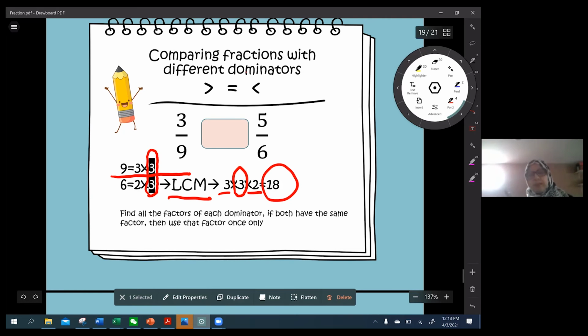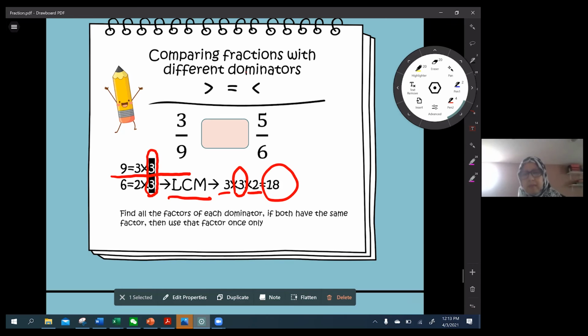Is that interesting? Yes. Okay, can somebody repeat? So we can find the multiples of 9 and 6. So 9 is 3 times 3 and 6 is 2 times 3. Then we see that 9 and 6 both have 3.